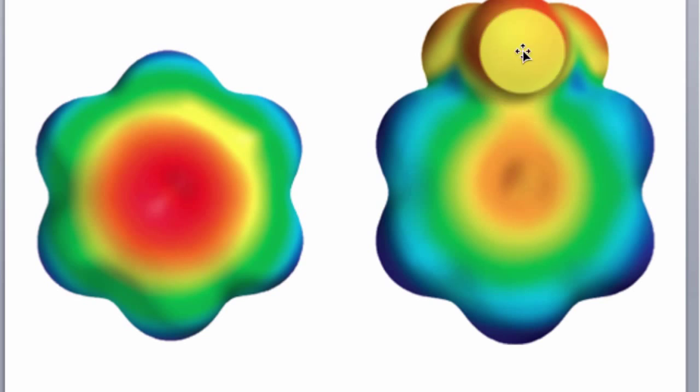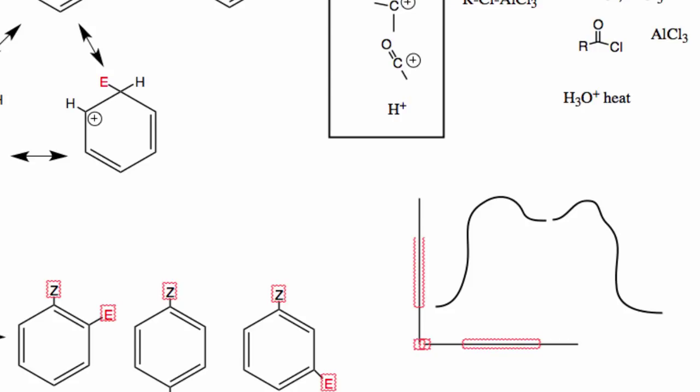When you put an electron withdrawing group on the ring, notice that the electron core, or the nucleophilic ability of the ring, decreases. Anything that makes the ring more electron rich will make it a little higher in energy to start with, so that we don't have as big an activation energy. Any group that would take electron density away would stabilize the benzene, making it lower energy so that it would have a higher activation energy at the beginning.